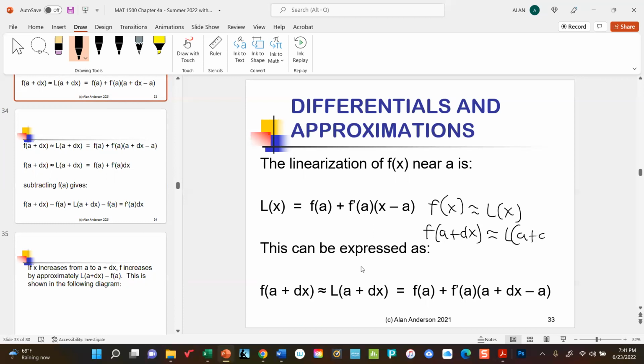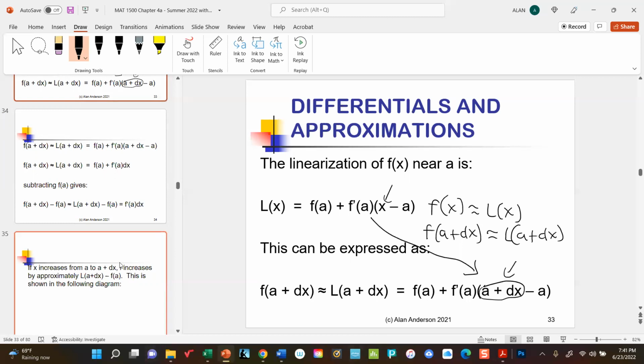a plus dx. Now, what we're going to have to do here on the right-hand side of this equation is, if you notice, the x minus a has been replaced by a plus dx minus a. Okay, so in other words, all the x's are replaced with a plus dx.